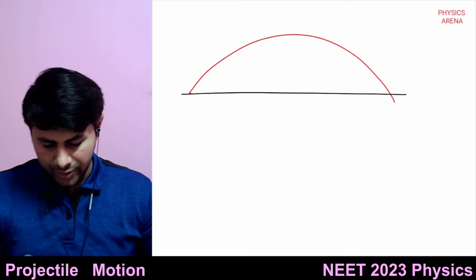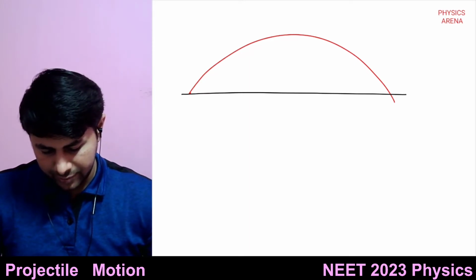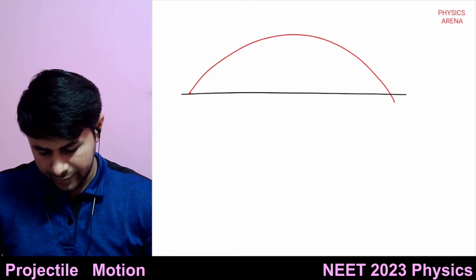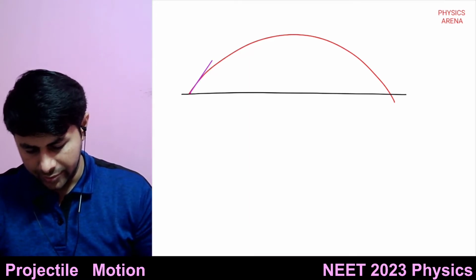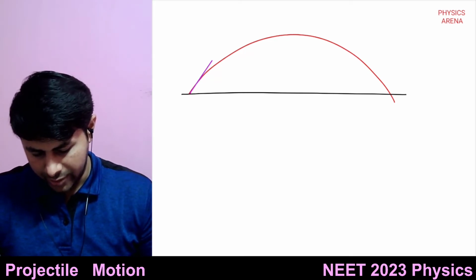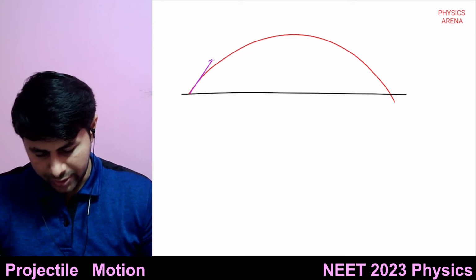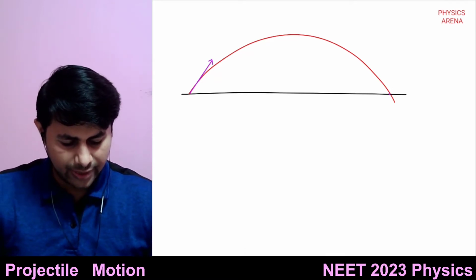So now here, when you throw this projectile in air with some initial velocity u, this is the initial velocity, and at this point it will have some final velocity.